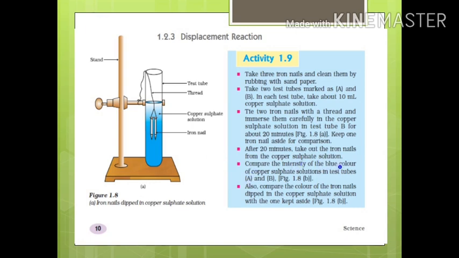Compare the intensity of the blue color of the copper sulfate solution in test tubes A and B. Also compare the color of the iron nails dipped in the copper sulfate solution with the one kept aside. So, this is an iron nail dipped in the copper sulfate solution. You keep it there for some time and observe what is happening.